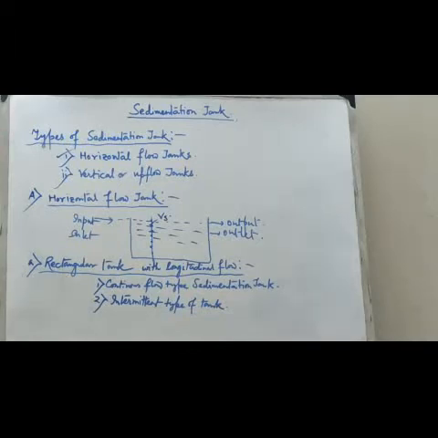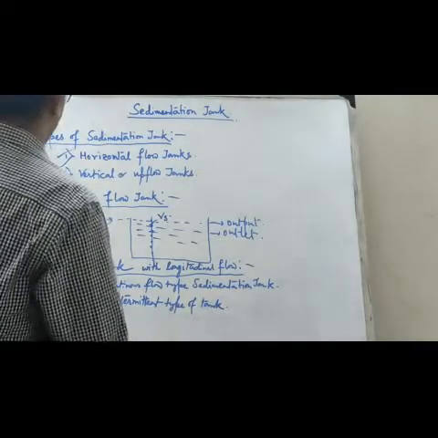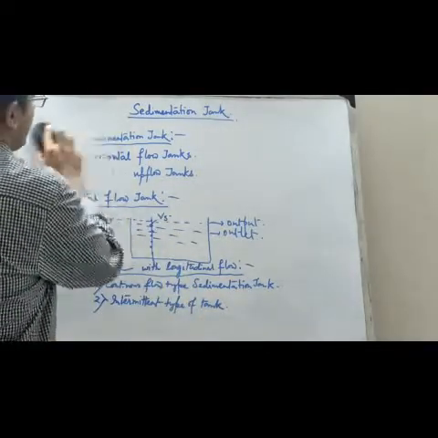Besides the rectangular tank with longitudinal flow, there is another tank, that is the circular tank with radial flow with central feed.